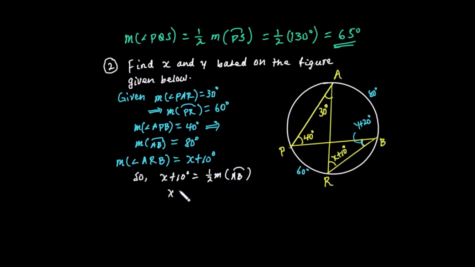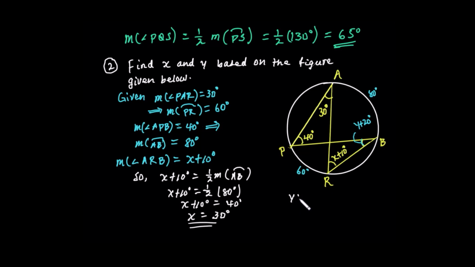So x plus 10 degrees is equal to half of 80 degrees, which is 40 degrees. So x is equal to 40 minus 10, which is 30 degrees. We found the value of x. Similarly, to find y, this angle is half of arc PR. The measure of the angle is given by y plus 20.